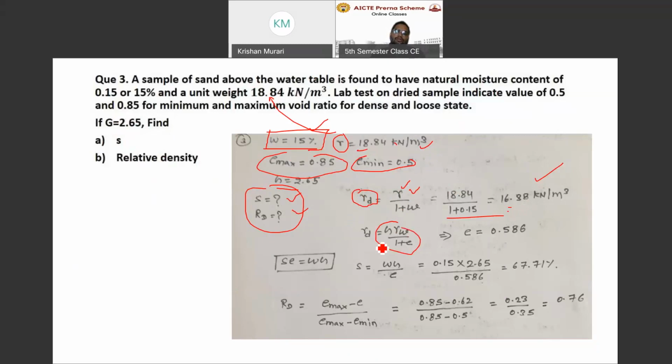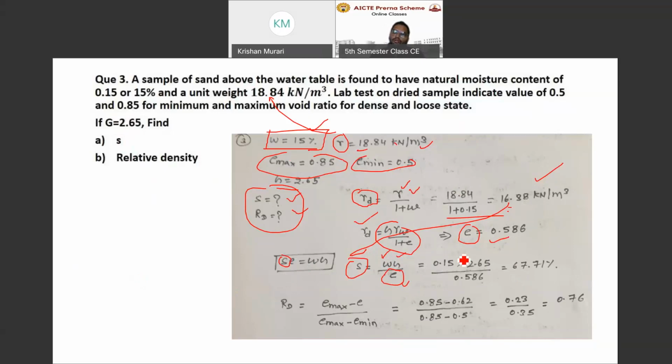Next, you also know the formula gamma d equals G gamma W upon 1 plus e. Here you can put the value of 16.38 and you can find the value of e. If you find the value of e, then you simply find the value of degree of saturation, because S equals Wg upon e. S is the degree of saturation, W is the water content, G is the specific gravity of the solid, and e is the void ratio.